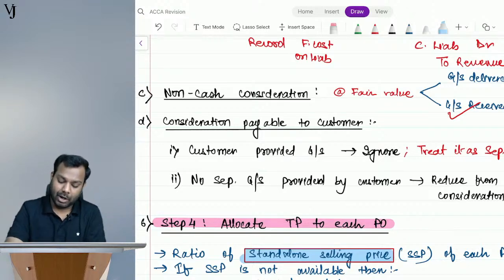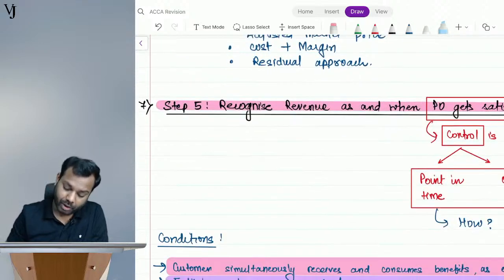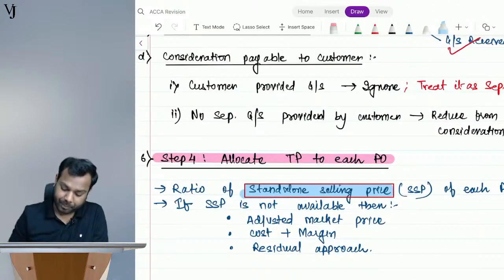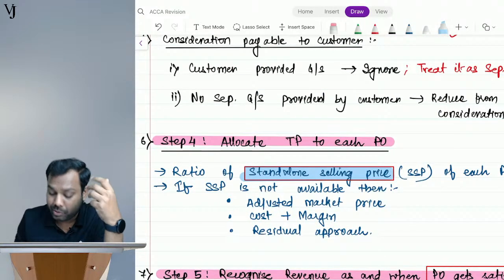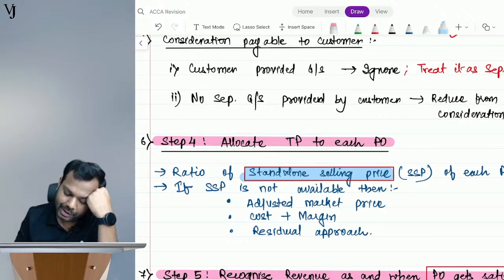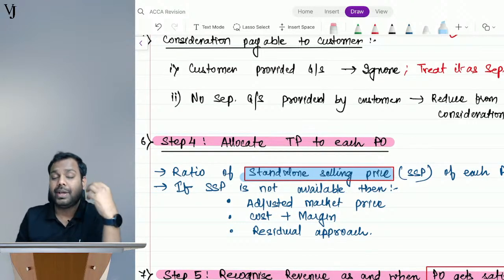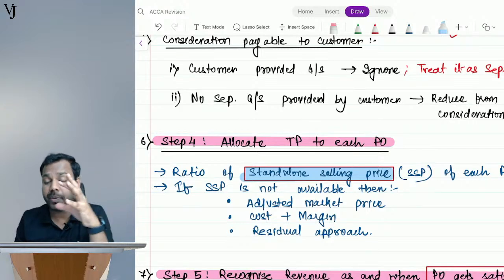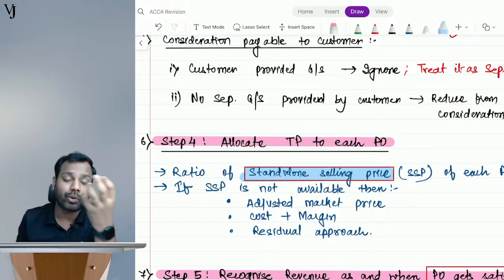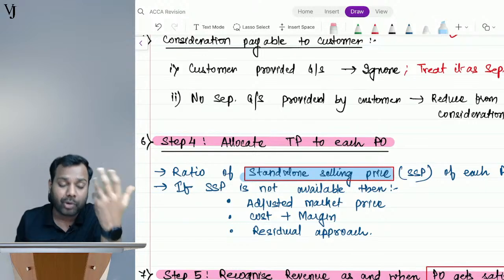Now, see, here I was discussing step number 4, allocate the transaction price to each performance obligation. We allocate the transaction price to each of the performance obligations in the ratio of standalone selling price of each of the performance obligations.